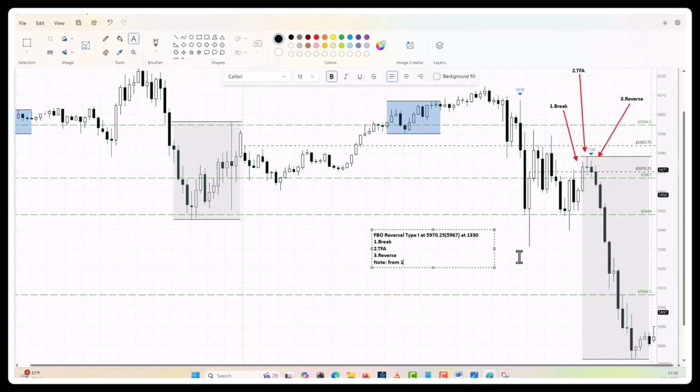Note, from 10 to 13, it just builds up. It's build up, or engineering, the sell side of the body.